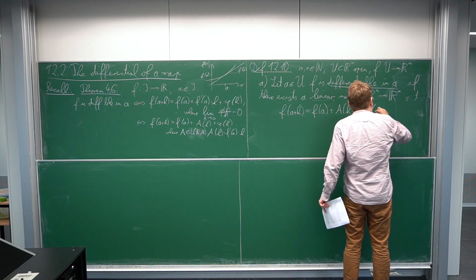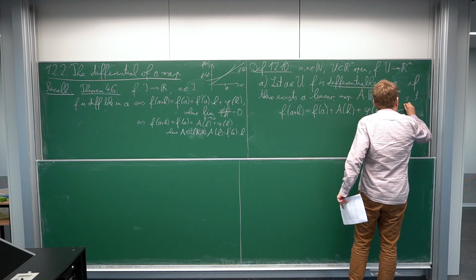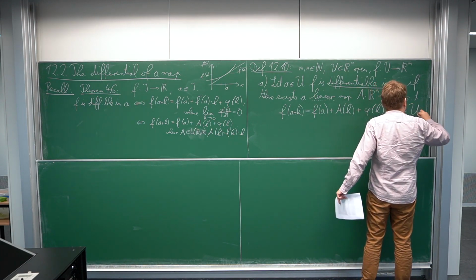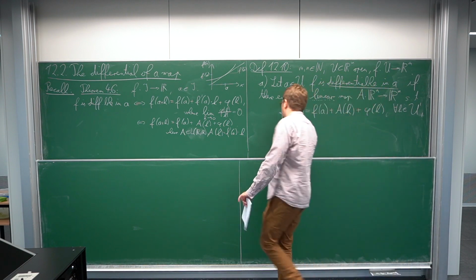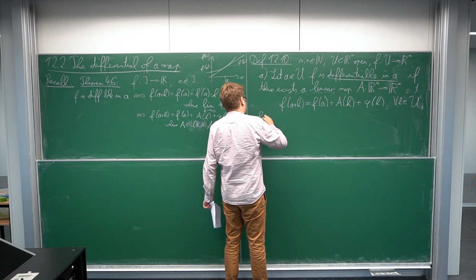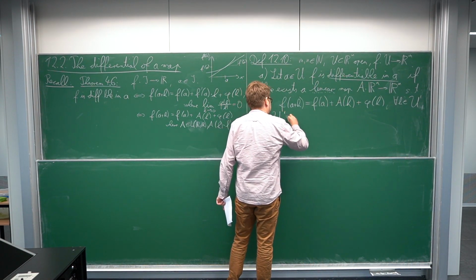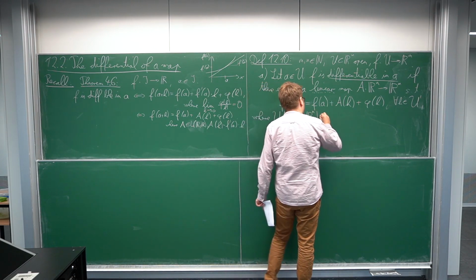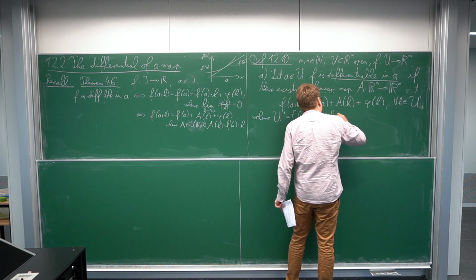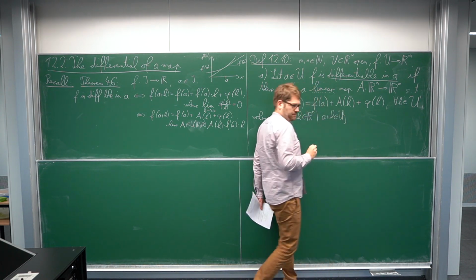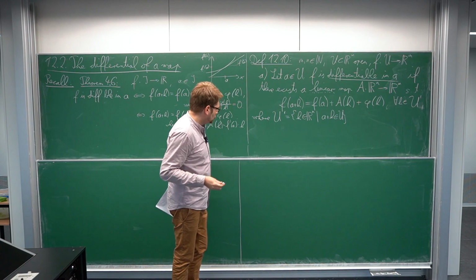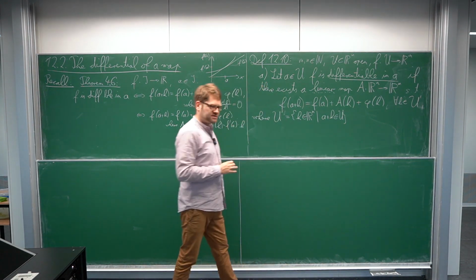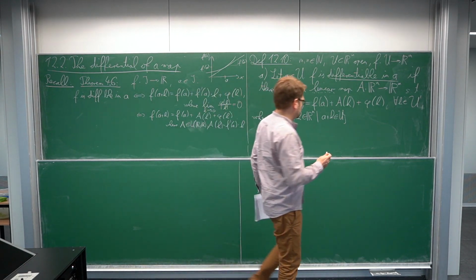rubbish, plus phi of h, where this holds for all h in a set I call U prime, where U prime is the set of all h in R^n which are sufficiently small, and by this I mean such that a plus h still lies in U. You could show at this point, though I haven't done the details, that this is again an open subset of R^n, but this shall not bother us at the moment.